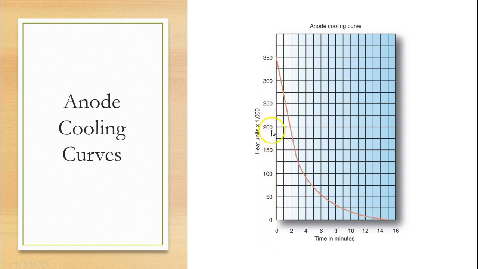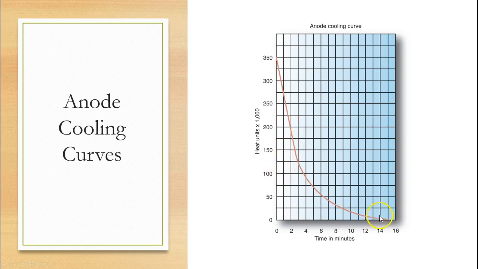So if you're making a 200,000 heat unit exposure, it's at 2 minutes, okay? So 2 from 15 is 13. So it's going to need 13 minutes to cool before you can make another 200,000 exposure, okay?